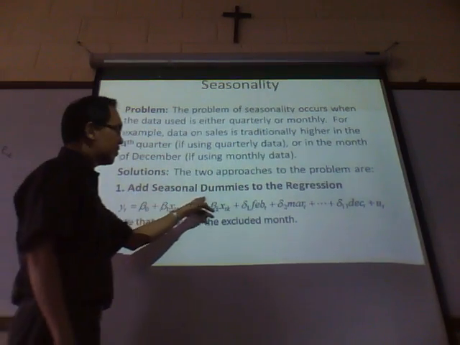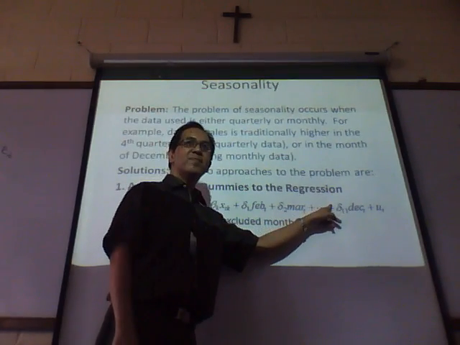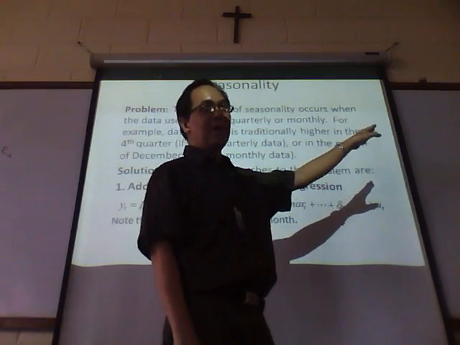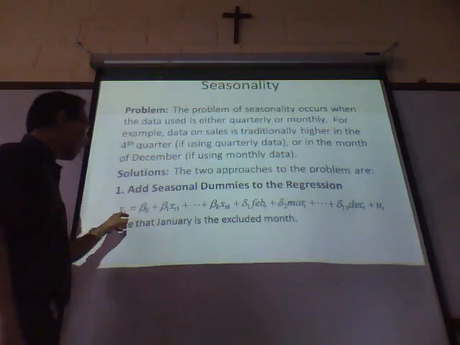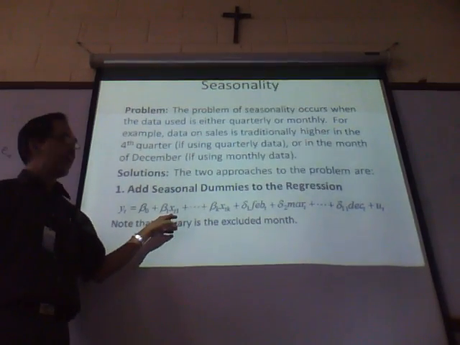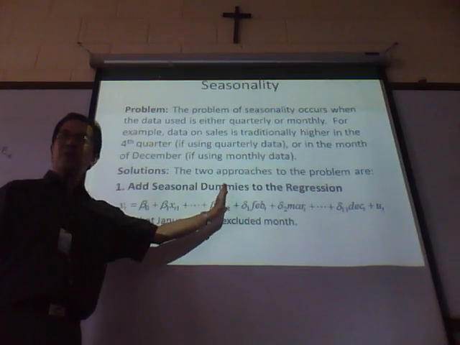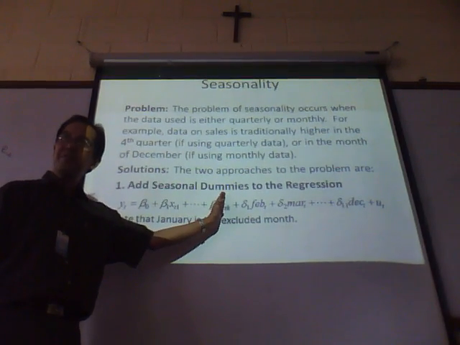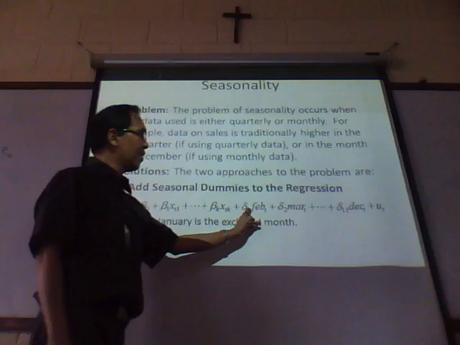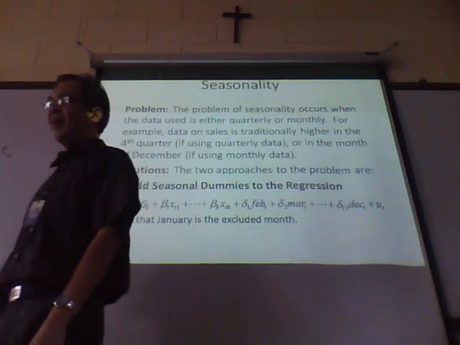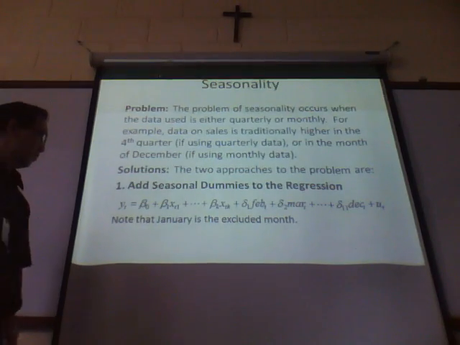So add the seasonal dummies to the regression. So in this case, let's say it's monthly. So Y is sales, X1 is price, X2 is advertising. And then once you're finished with the usual set of variables, then you add dummy variables for the month.